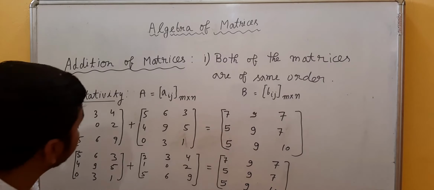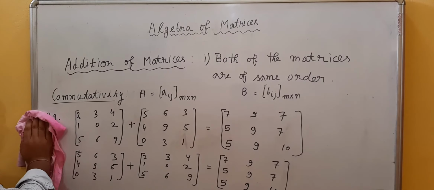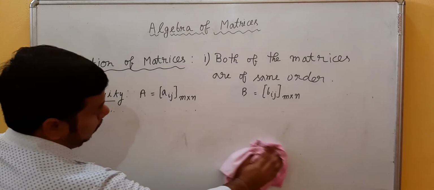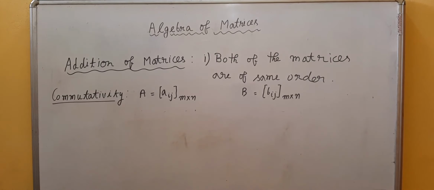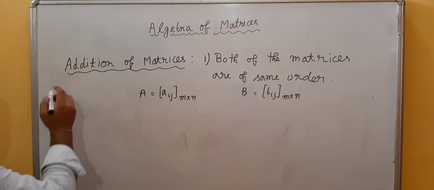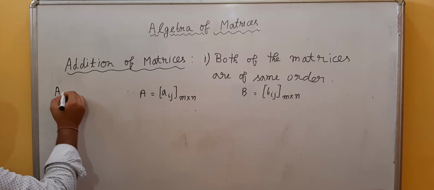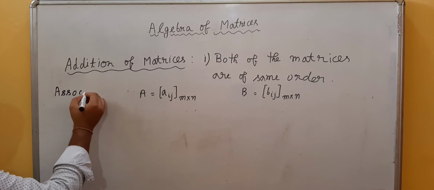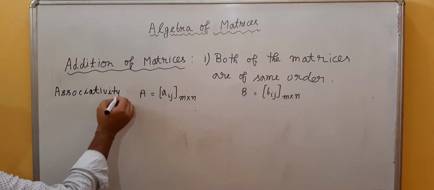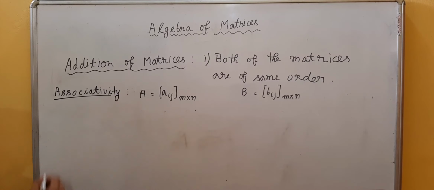Now let us check the associativity. To check the associativity, we have to take three matrices, right?